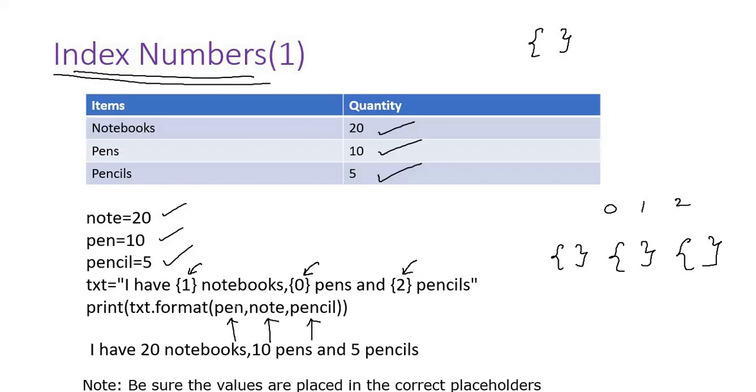Whatever I have passed first automatically goes for index 0. So the first one is pen, so it goes here, even though I have changed the order 1, 0, 2. Then the second one is note, the index is 1, so it goes to index 1. Third one is pencil, the index is 2, it goes here. We'll test this.